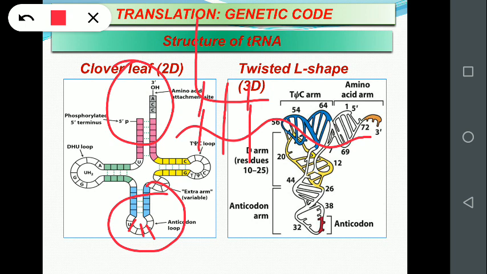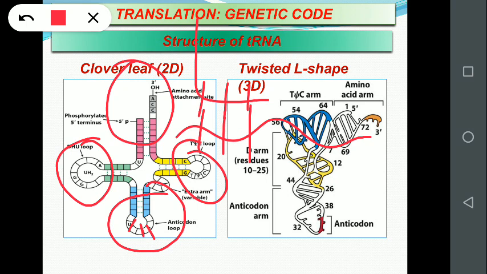At the 3' OH of the terminal A, the amino acid will be acylated with its carboxy group. And two more loops are there. These are for the binding of tRNA to the ribosome during the translation process.